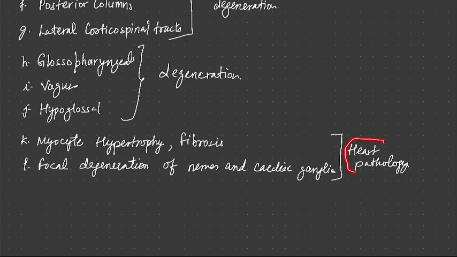Then there is also some pathology in the heart. There will be myocyte hypertrophy and fibrosis. Together we call them cardiomyopathy. Right. There will be cardiomegaly.